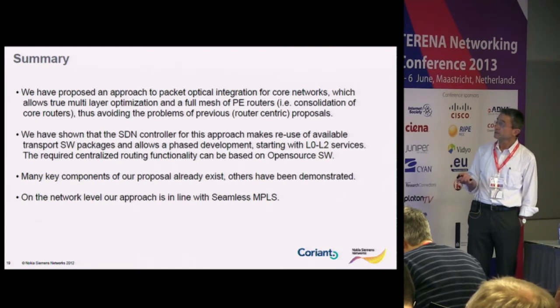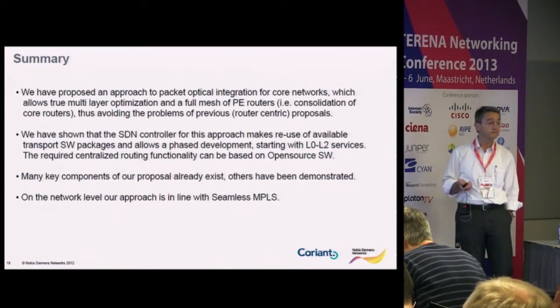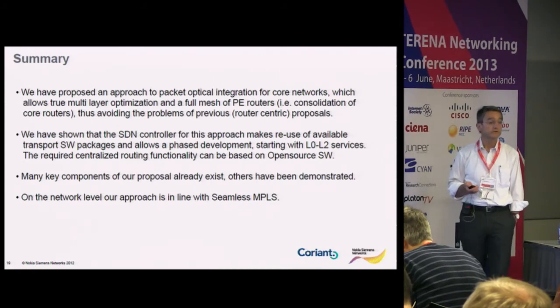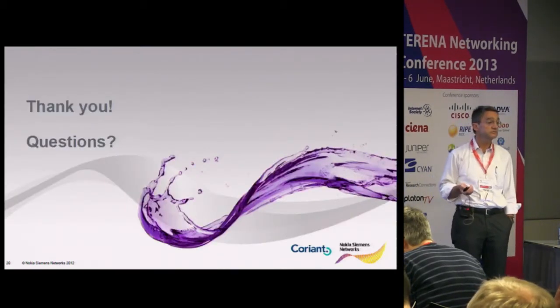And the required centralized routing functionality can be based on open source software. Many key components of our proposals already exist. Others have been demonstrated, and on the network level, our approach is in line with seamless MPLS. That's it. Thank you. Questions?